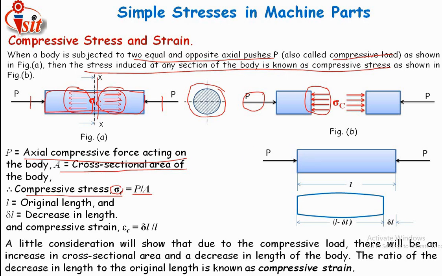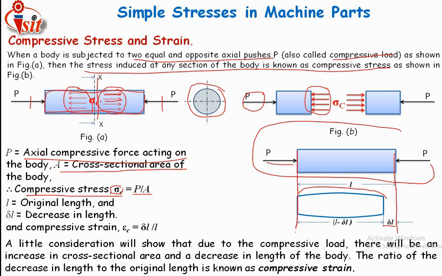But in case of compressive loading, exactly opposite is there. Look at this. We are actually pushing the body, means we are applying the push force on the body, and due to applying the push force, there is an increase in area of the body, but there is a decrease in length.